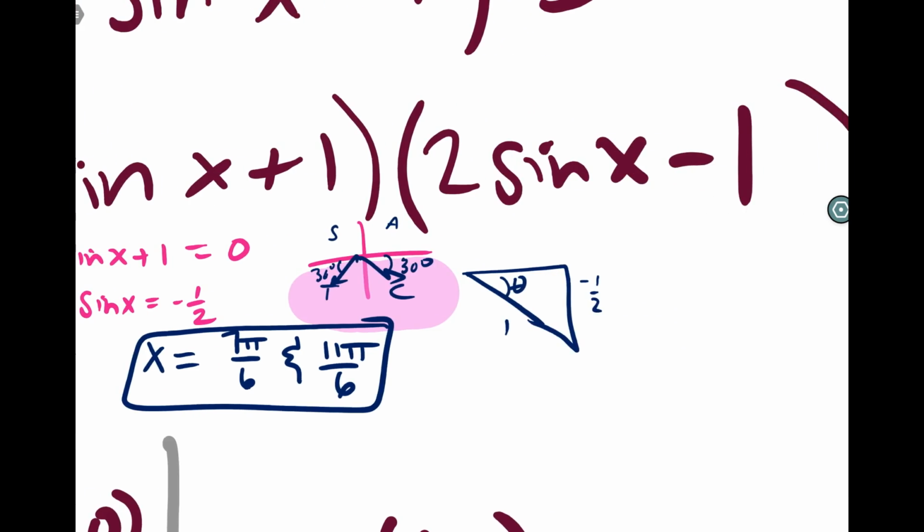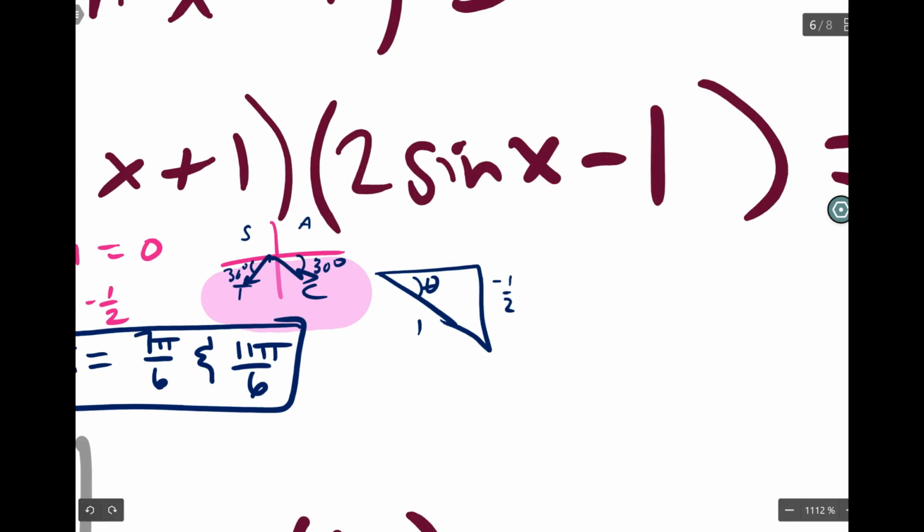And then the other one is going to be 2 sine x equals 1. So where is sine of x equal to 1/2? It's literally going to be the other two angles from what we just drew. So that would be up here and up here. Where is sine equal to 1/2? It would be positive 30 degrees.